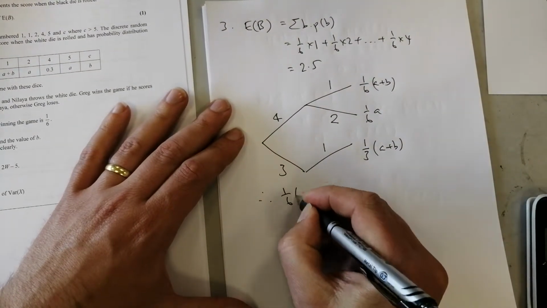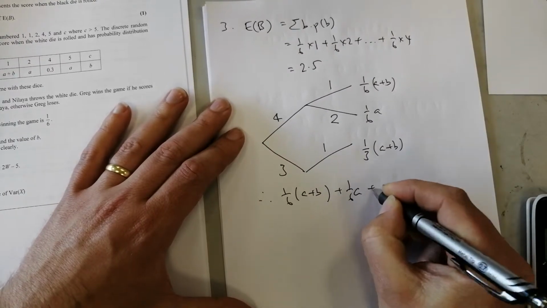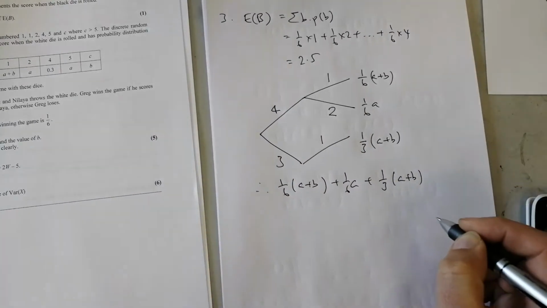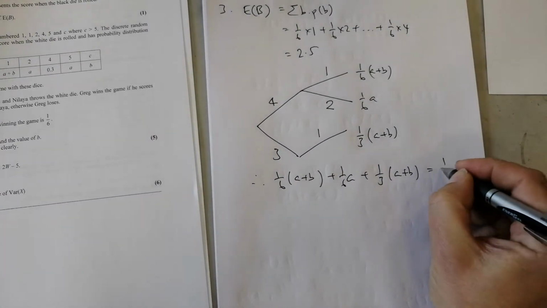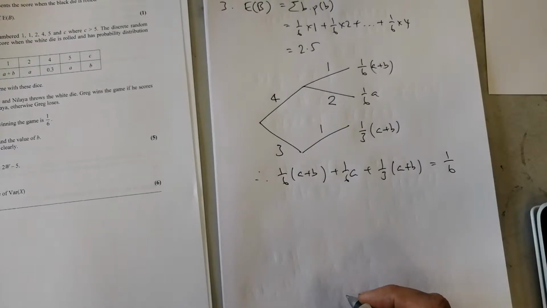Therefore, if we add all those up, a sixth times a plus b, plus a sixth times a, plus a third times a plus b, that is the chance of Greg winning, and we know that is equal to 1/6.